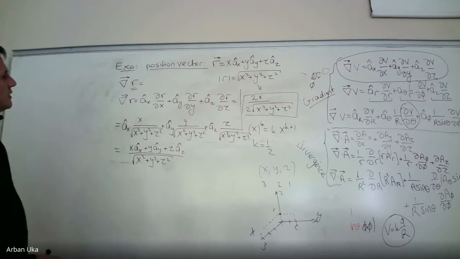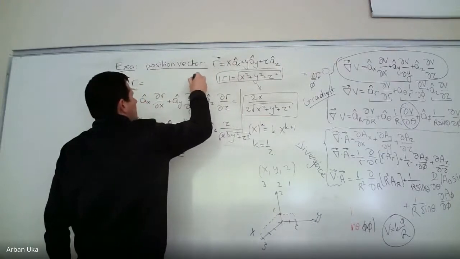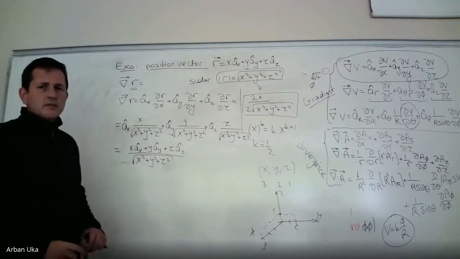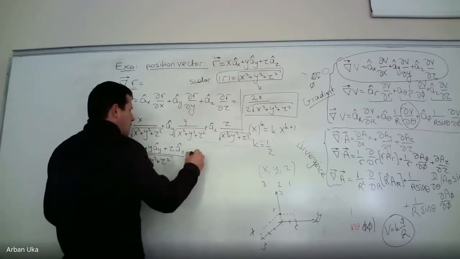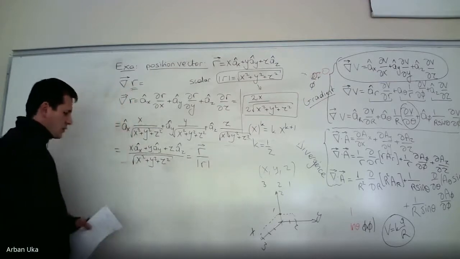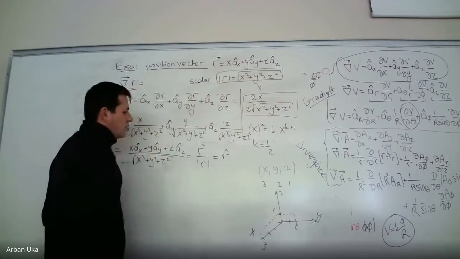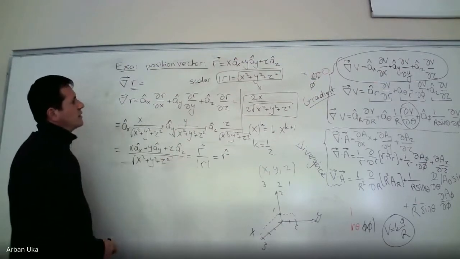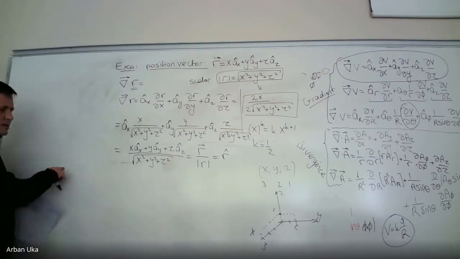Now, what we used for this is this expression, which is scalar. And then we apply the gradient operator to obtain a vector quantity. And here we have the vector quantity. But as a result, we observe that we have the vector r divided by the magnitude of r. So this is simply a unit vector, or a vector with length equal to 1 along the direction of this vector.